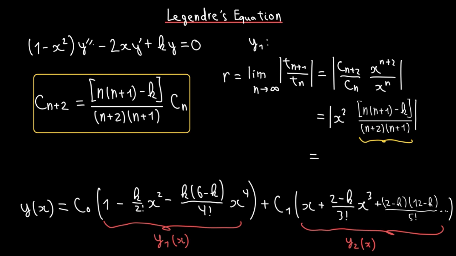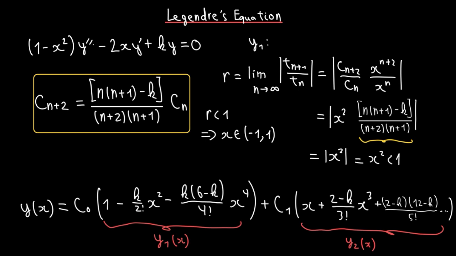And therefore, the ratio will give out an answer of x squared. And so we know that the series converges when r is less than 1, which means when x belongs to the open interval containing -1 and 1. And this comes from the fact that x squared needs to be less than 1.